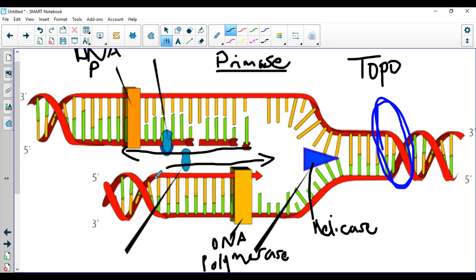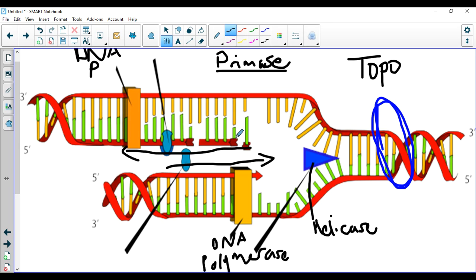Now, the strand that's moving from the origin towards the fork and is made continuously, that's known as the leading strand. And then you have another strand that's moving from the fork towards the origin, that's known as the lagging strand. Now, leading strand made continuously. You can see how this is one complete strand here. It's made very quickly, very easily.